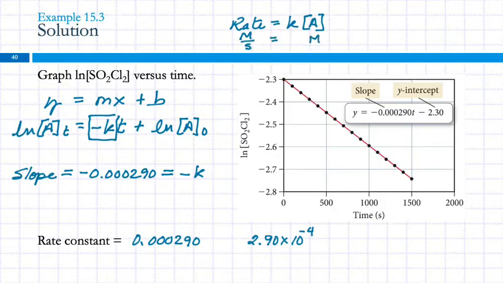The concentration has units of molarity. And so for the rate constant, it must have a unit of 1/s. So this would be s to the minus 1. Any questions?